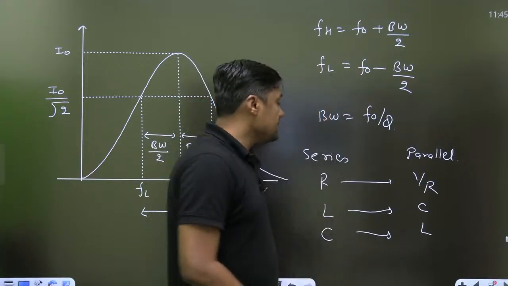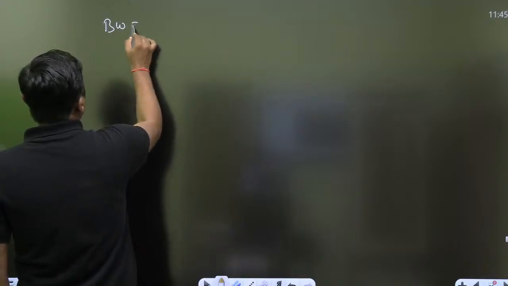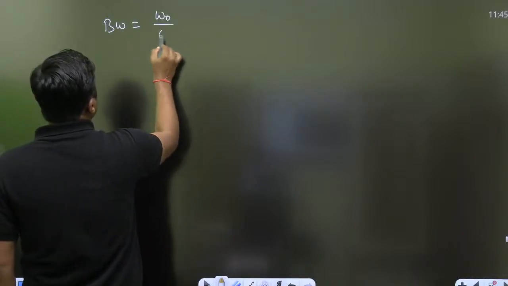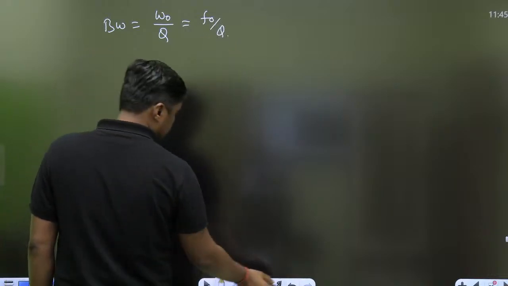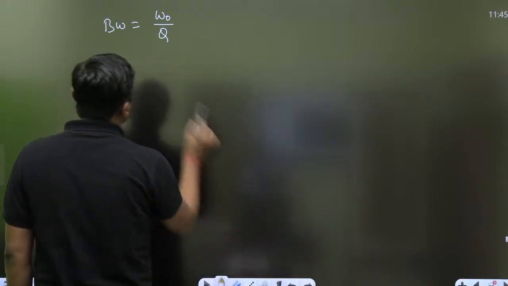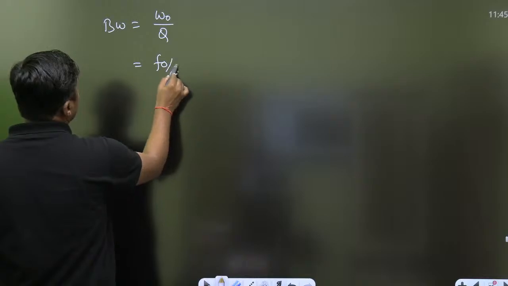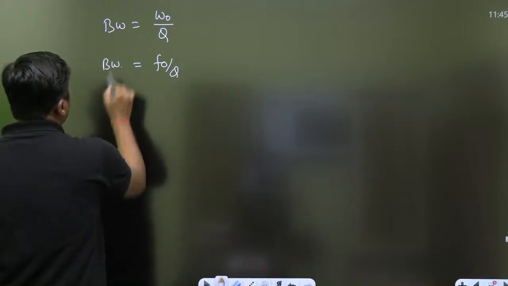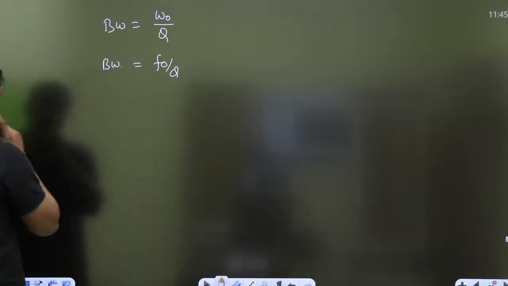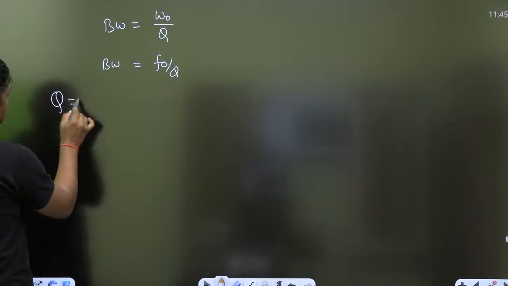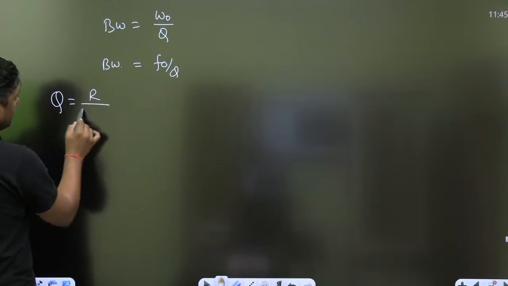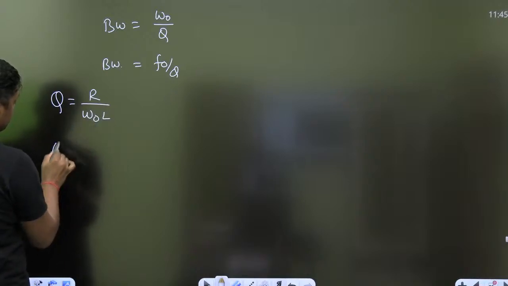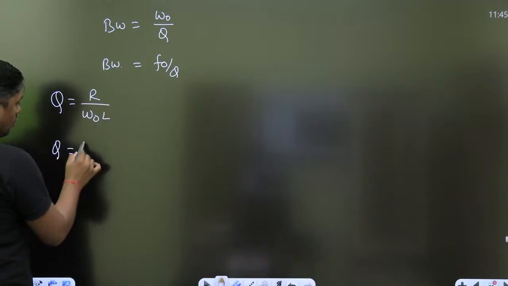Then in that case, the general formula will remain the same, omega naught by Q, or F naught by Q in hertz. But what about the quality factor for the parallel resonance circuit? It will become R by omega naught L, or omega naught RC.